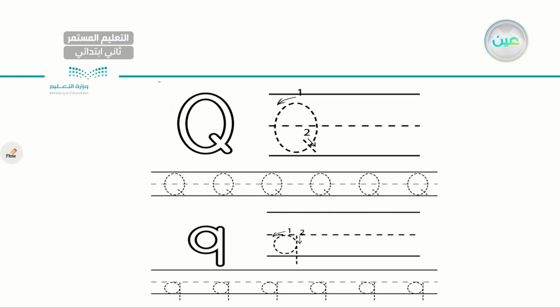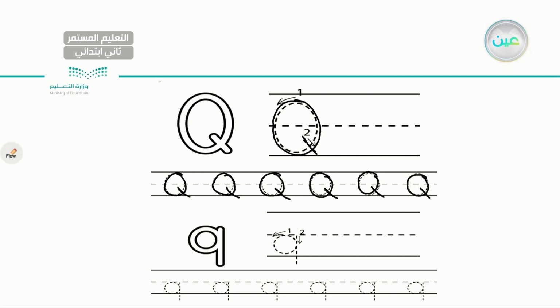Now let's learn how to write letter Q. Just go ahead and follow the arrow. Make sure you are writing between the specific line. Q, capital Q. Q, queen, question mark, quill, and so on.